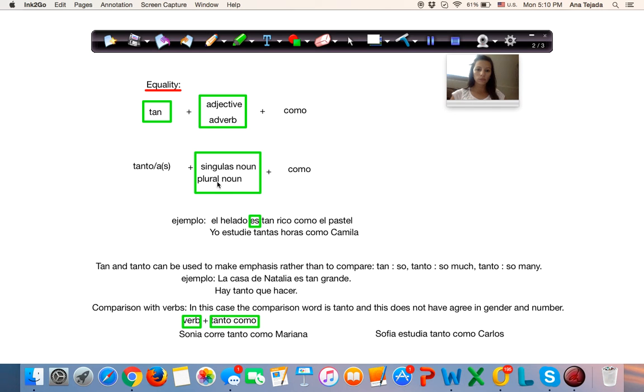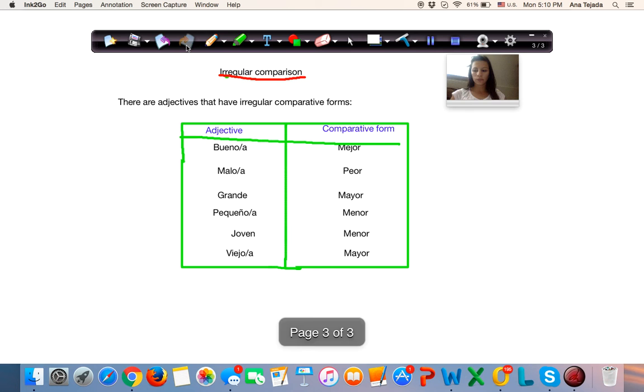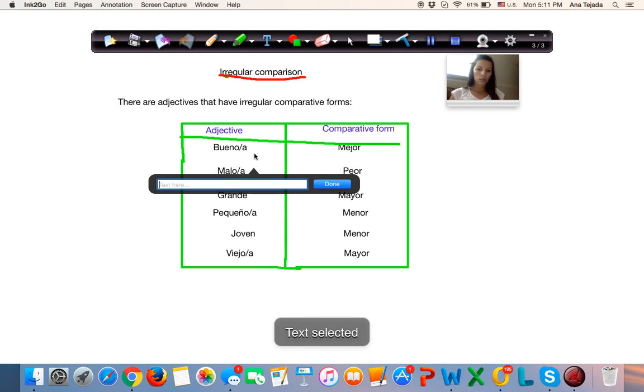So, okay. And our last part of this grammar point is the irregular comparisons. What this means is that they are adjectives that have irregular comparative forms. As you can tell in the table here, we have the adjectives bueno, buena, and malo, mala, and bueno can also be bien.